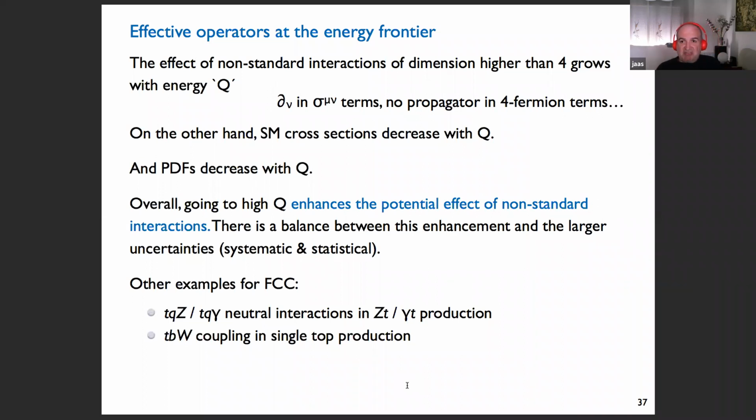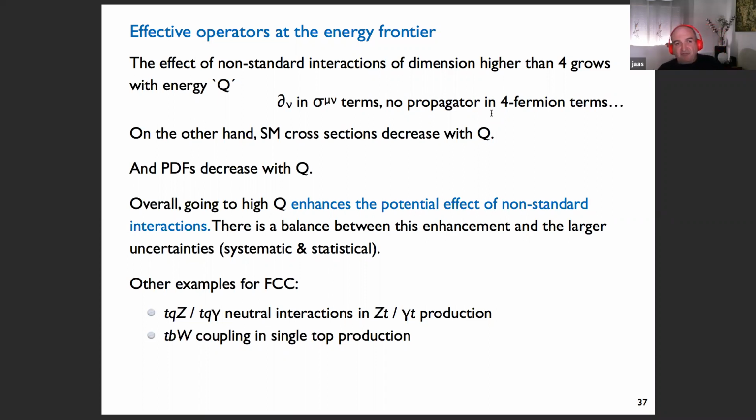In the sigma mu nu terms, like the top chromomagnetic moment, you have a derivative here, giving an extra momentum factor compared to standard model amplitudes. In the 4-fermion terms, you don't have a propagator suppressing. So the anomalous contribution grows with energy compared to the standard model.